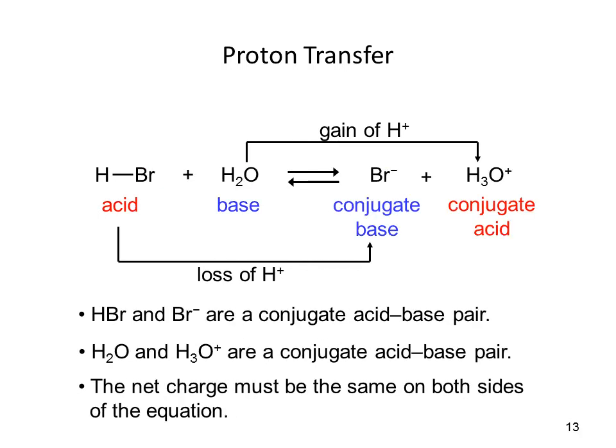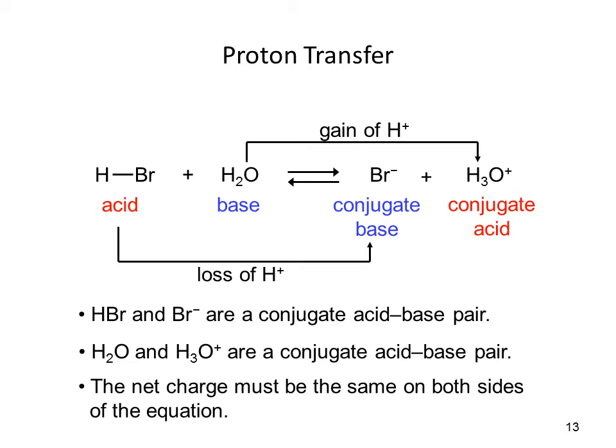These are actually called conjugate acid-base pairs. One conjugate acid-base pair is the acid plus its conjugate base. The other conjugate acid-base pair is water plus the hydronium ion. Right here we're actually seeing a real acid react with a real base.